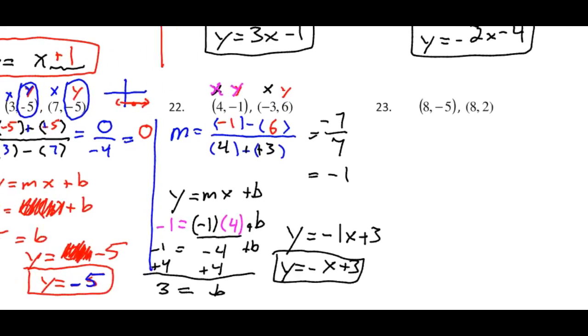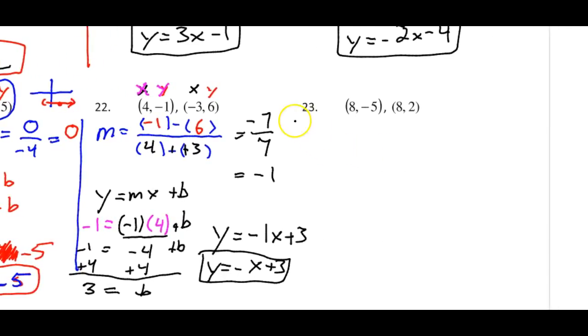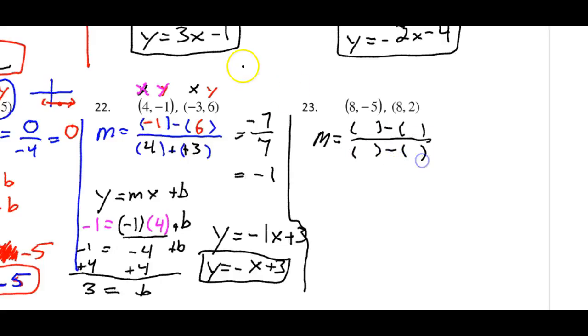Okay, our last problem is kind of one that's different from all the others, but we'll start it the same and look for why it's different. So let's start like all the rest. We'll have -5 and 2, 8 and 8.